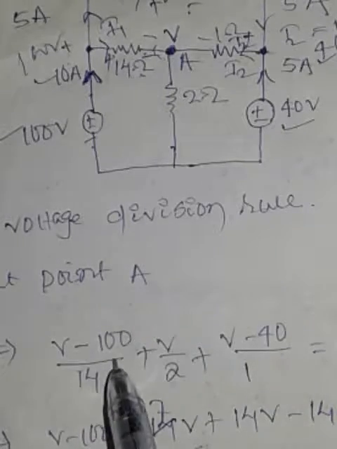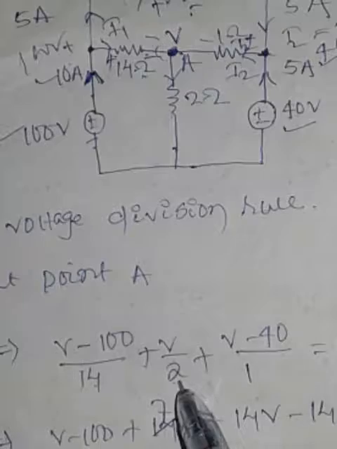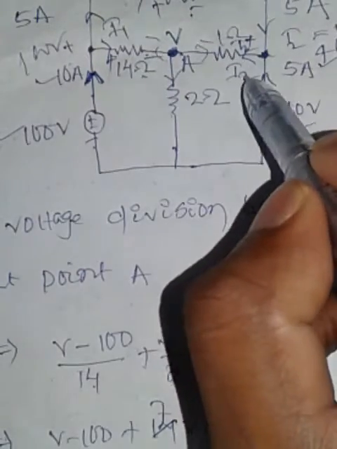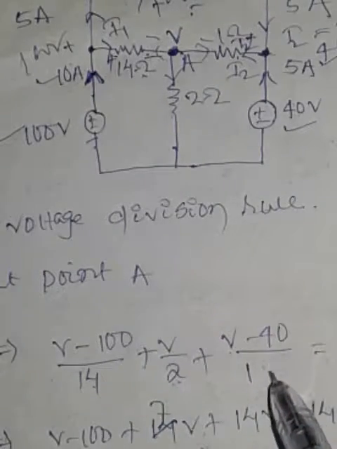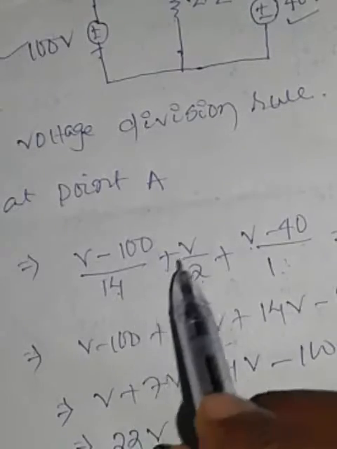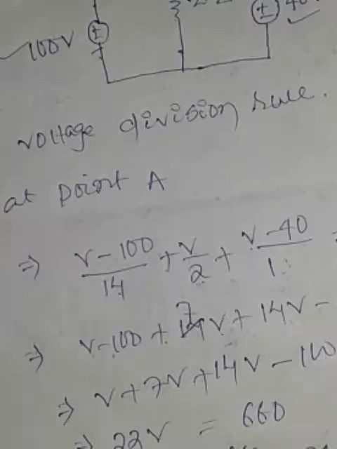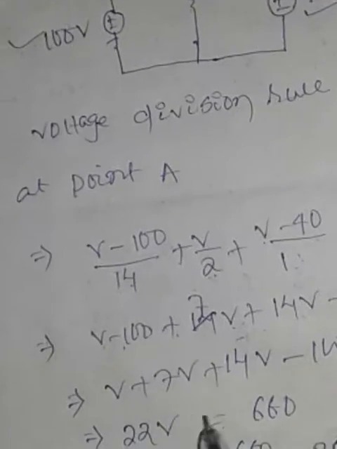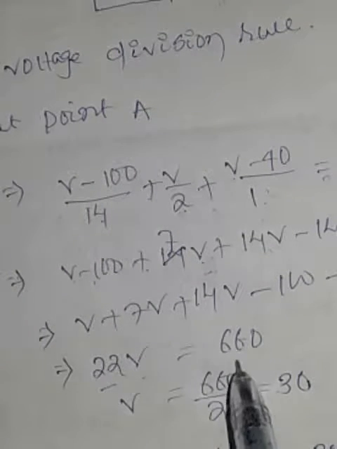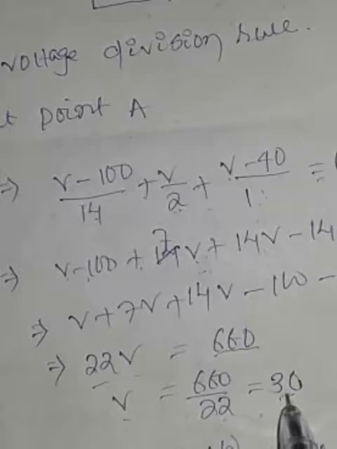So V minus 100 by 14 plus V by 2, the current across this one, plus the current across this one, V minus 40 by 1 ohm, is equal to 0. Simplifying this, taking the LCM, we get V minus 100 plus 7V plus 14V minus 14 into 40 is equal to 0. If you solve, 22V is equal to 660, so V will be 660 by 22, so we get 30.